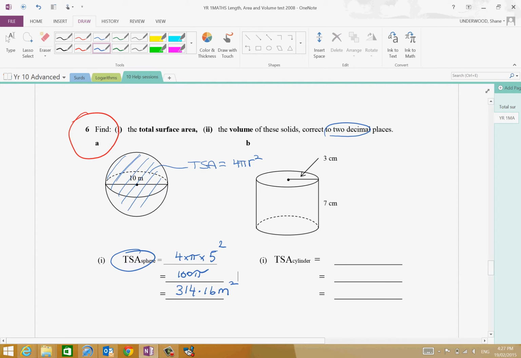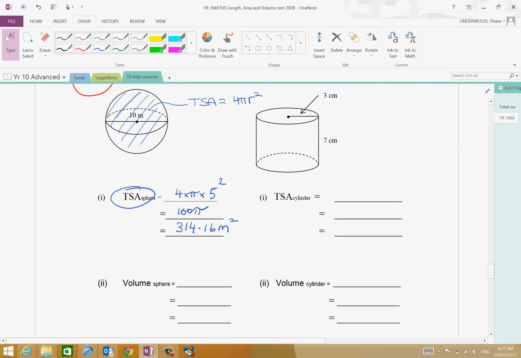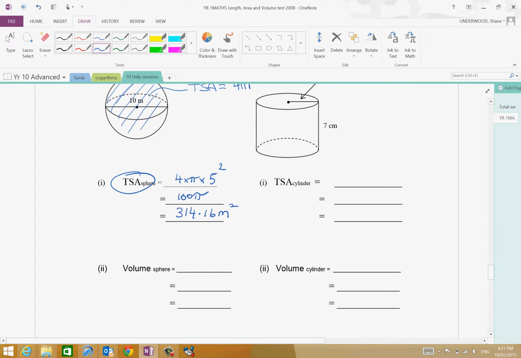Now I'm going to tell you, this is the same thing. The volume of that sphere is, I believe, 4/3 pi r cubed. It's straight off the formula sheet, and we're asked to find the volume.